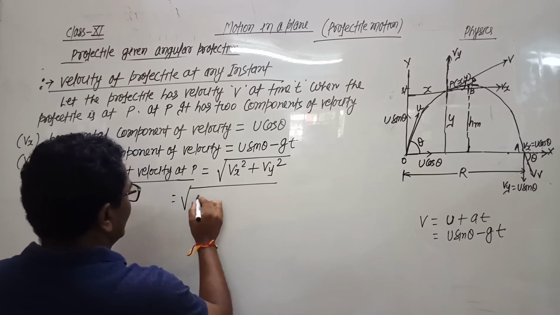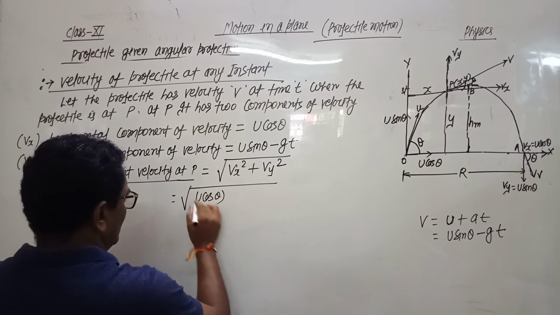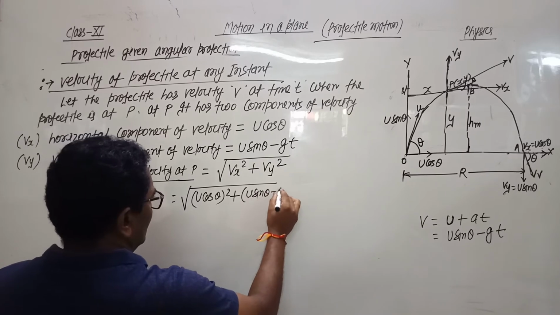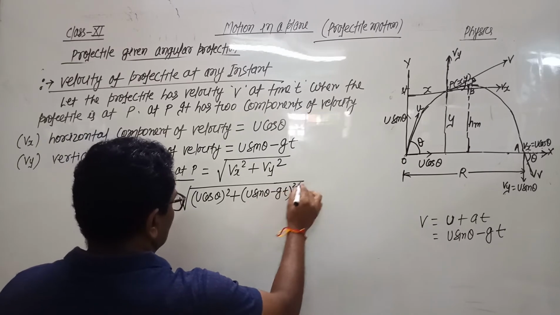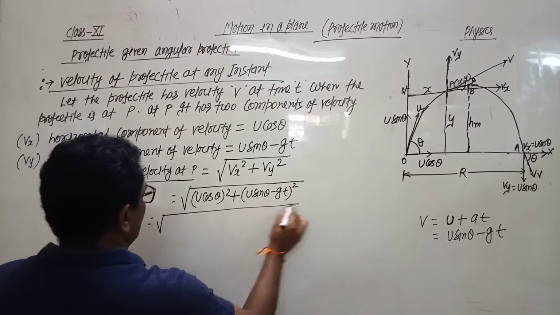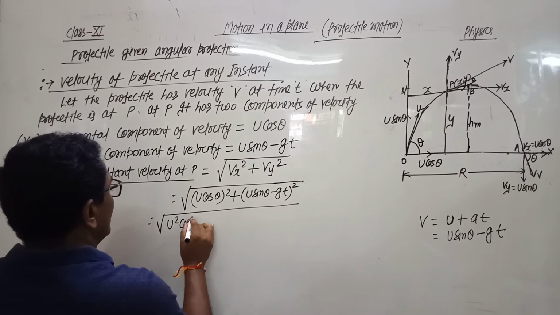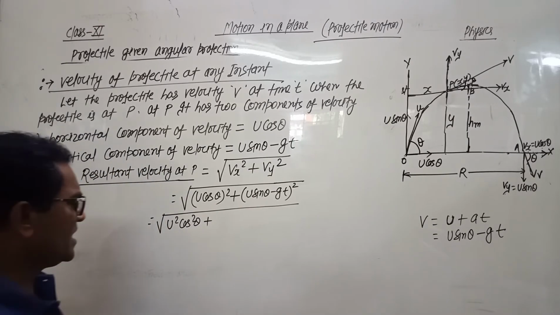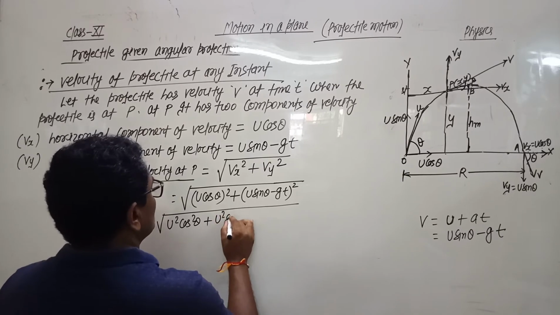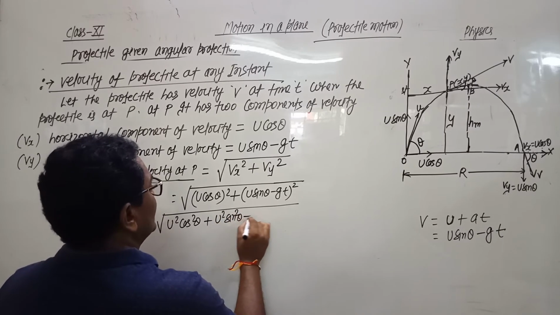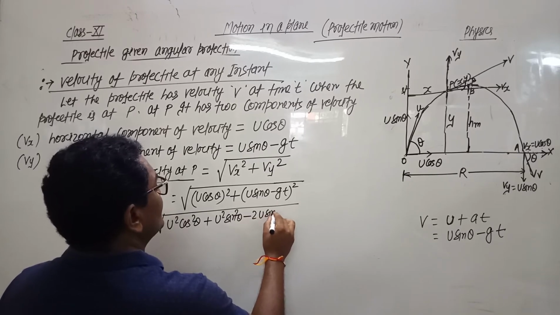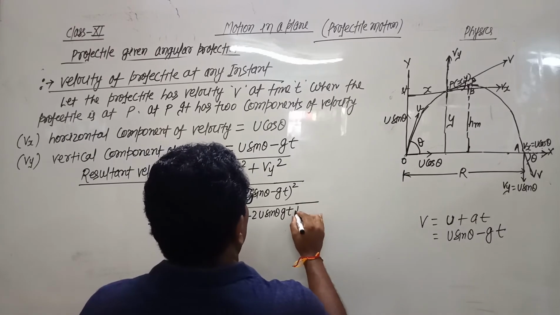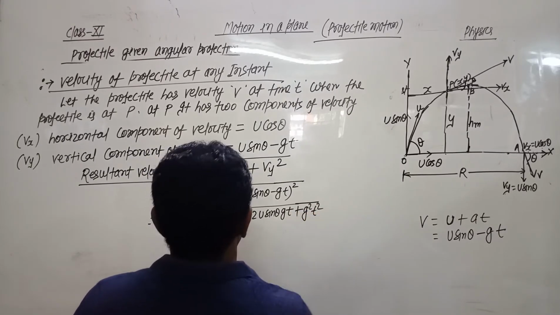So root over (u cos theta) the whole square plus (u sin theta minus gt) the whole square. We get under root of u square cos square theta, and the second term is expanded by the formula (a minus b) the whole square: a square minus 2ab, that is 2u sin theta into gt, plus b square, that is g square into t square.